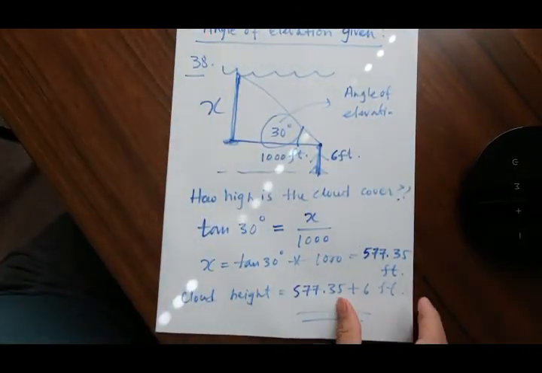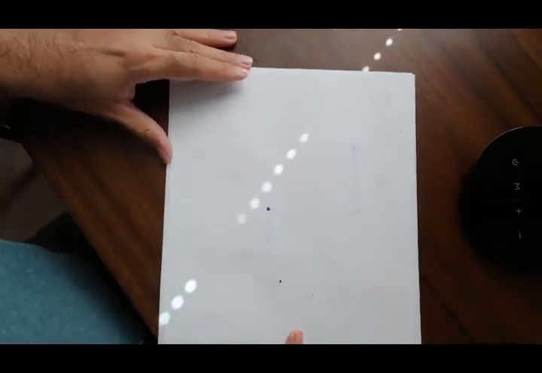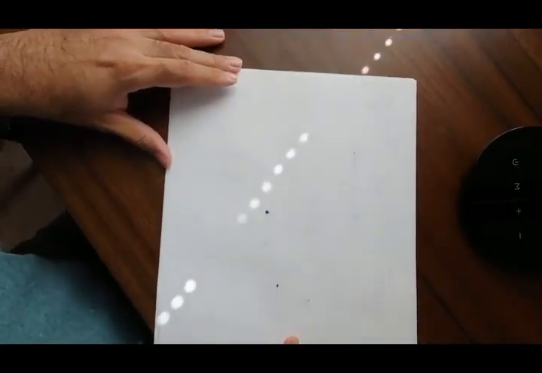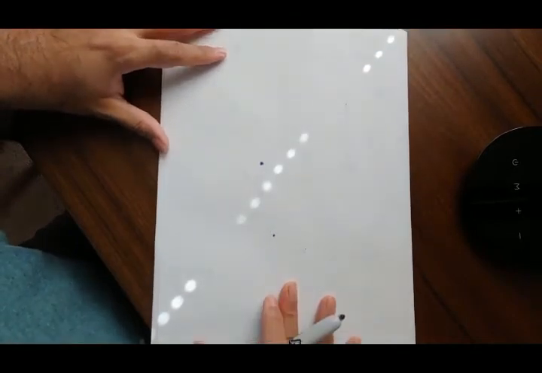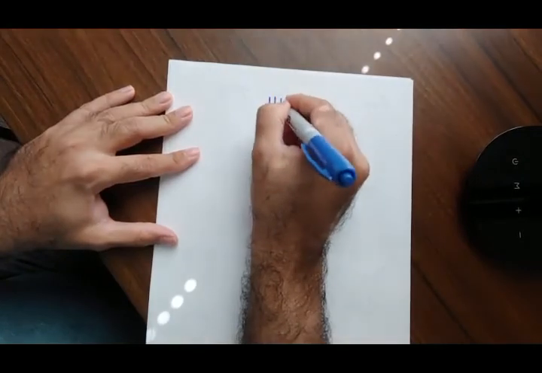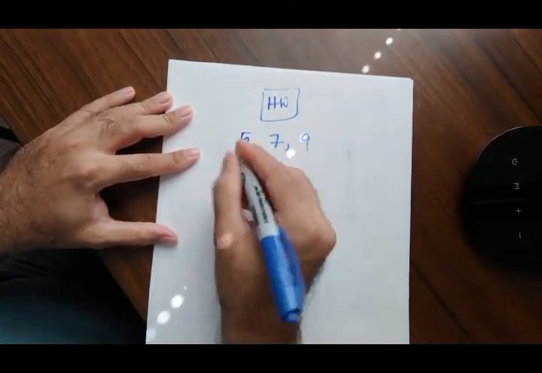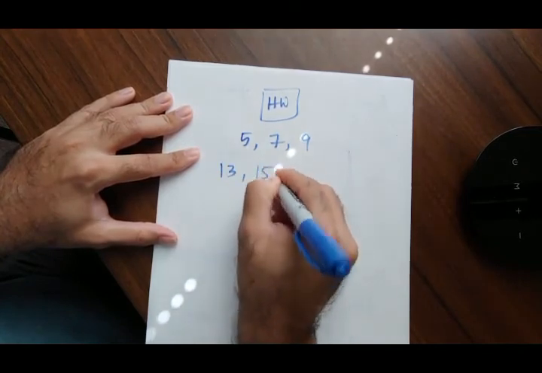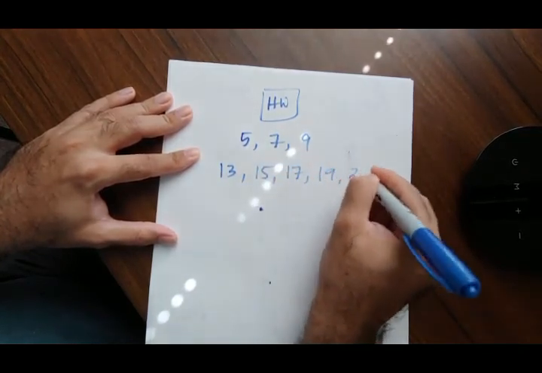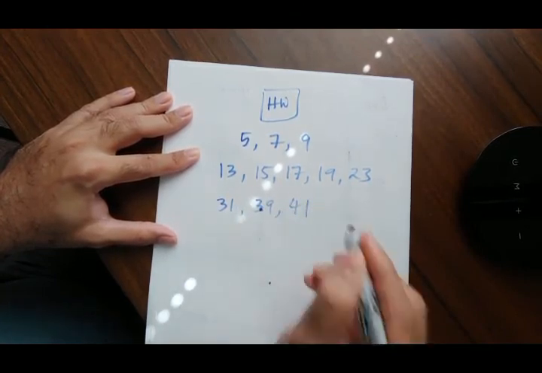Well, let's talk about the homework for 5.4. So these are the homework problems: 5, 7, 9, 13, 15, 17, 19, 23, 31, 39, and 41.